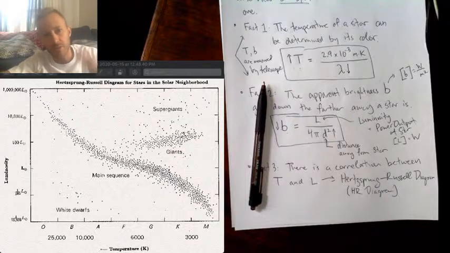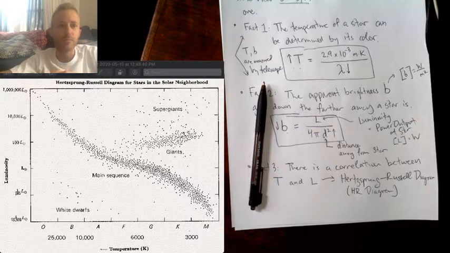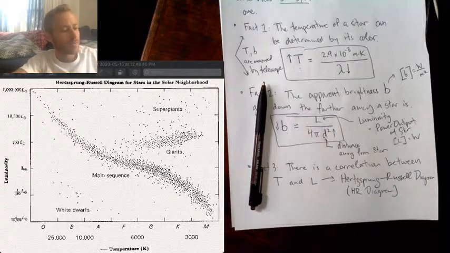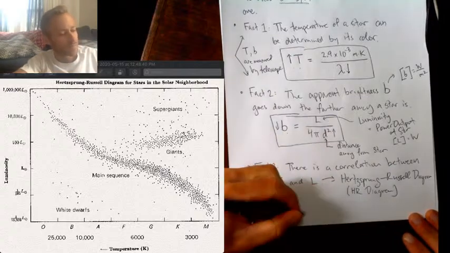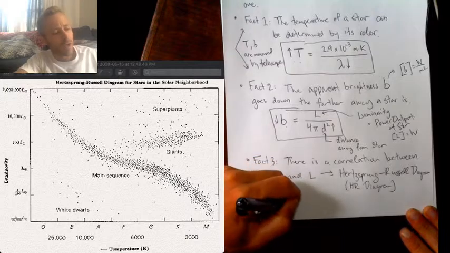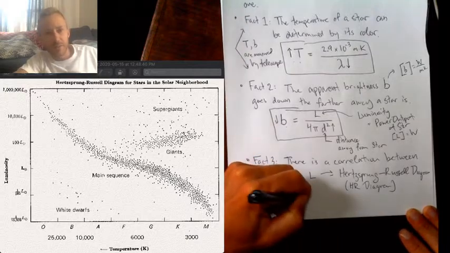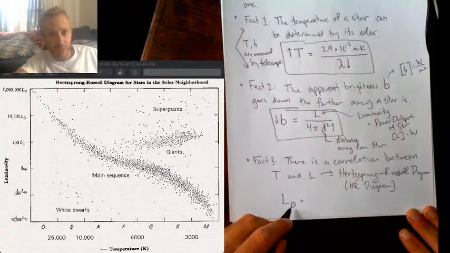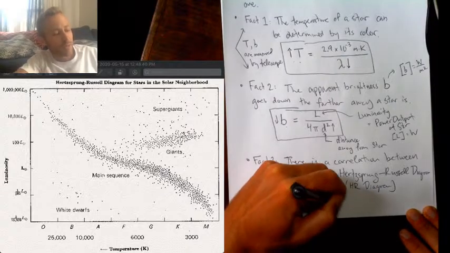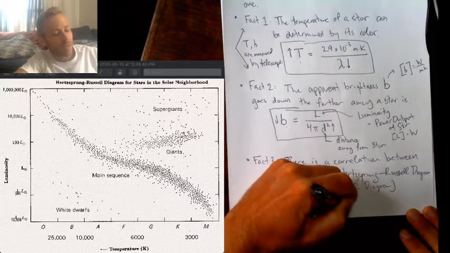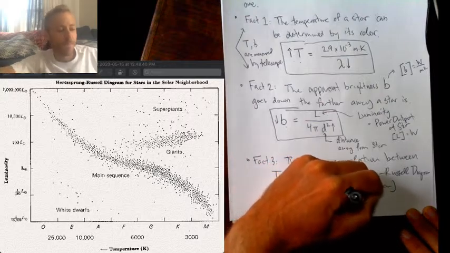So this expresses a correlation between temperature and luminosity. The units of luminosity are strange. See how it says L circle? This is called a solar luminosity. It's the luminosity of the sun, which is 3.8 times 10 to the 26th watts.